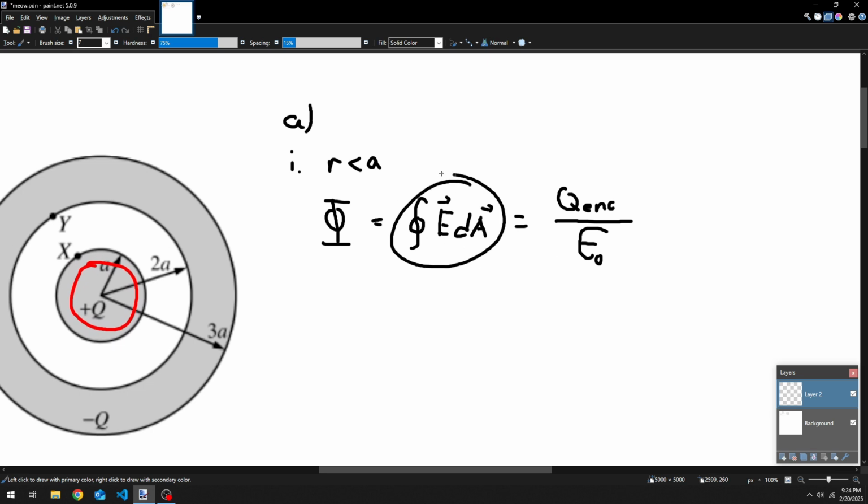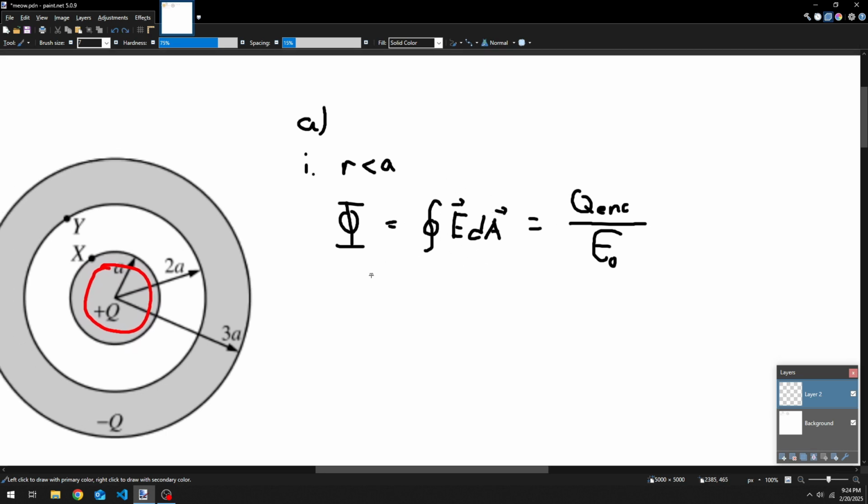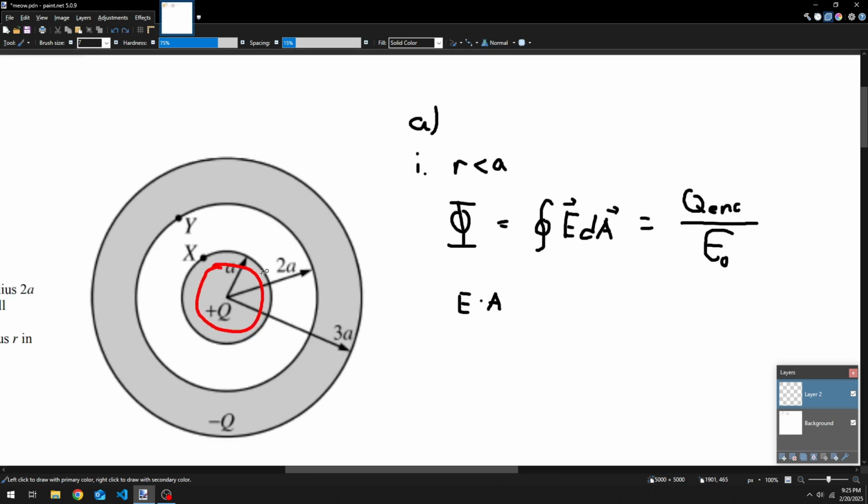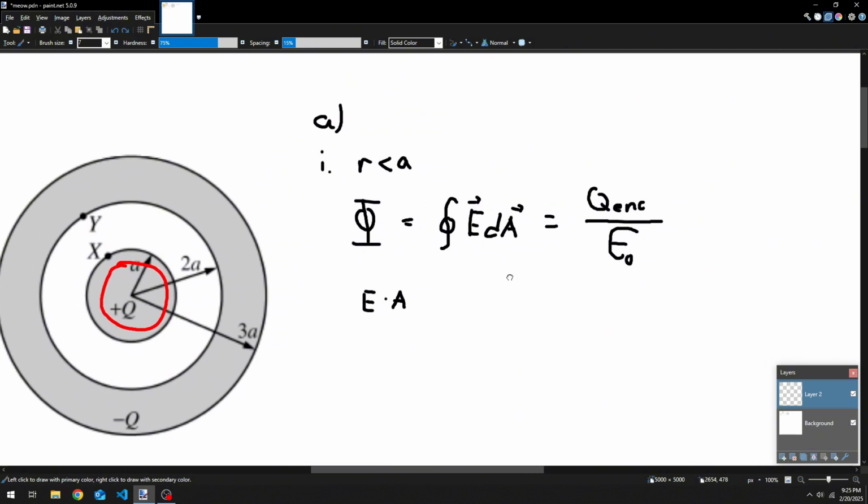We can simplify this down to E times A, where E is the electric field that passes through the Gaussian surface, and A is the surface area of our Gaussian surface.